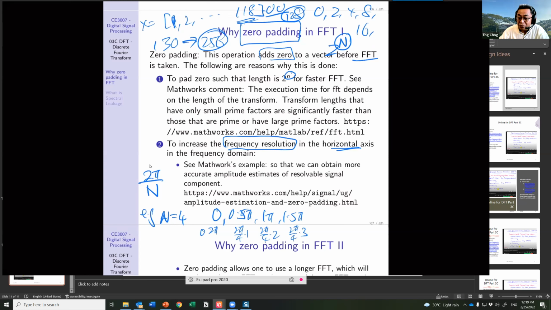That is how you get the horizontal axis. You first divide 2 pi by n, and then for each of these points, you set k equals 0, 1, 2, 3, and then you repeat. Now, if you have a very big n, then you are getting a very fine resolution along the horizontal axis. So you can increase the frequency resolution.